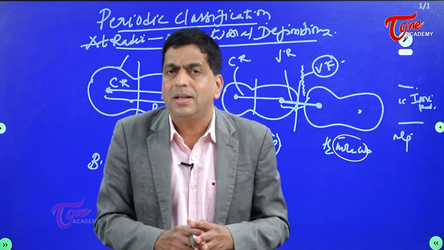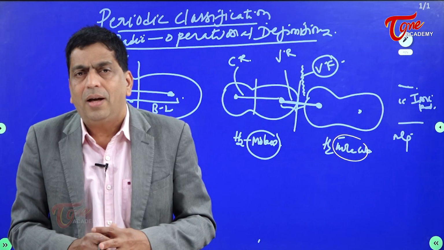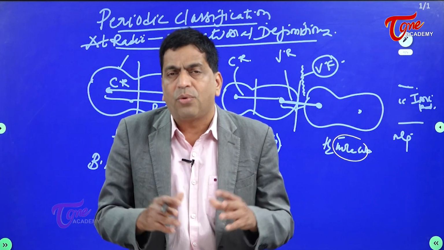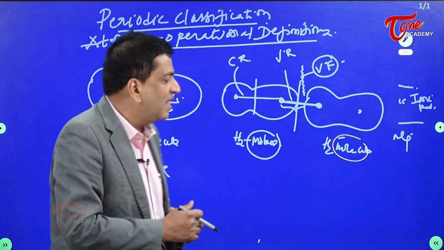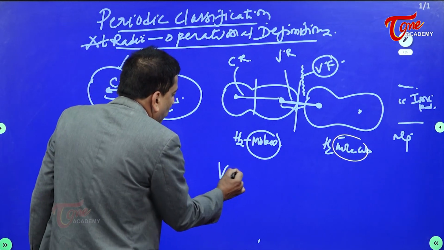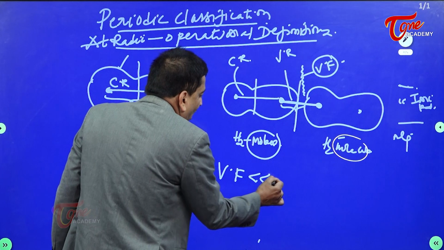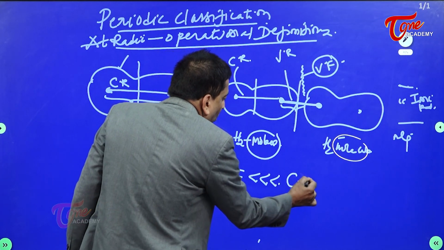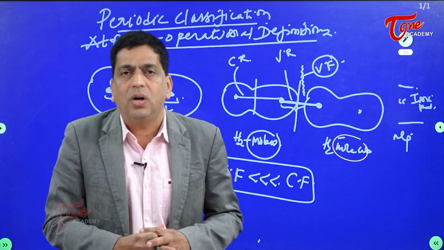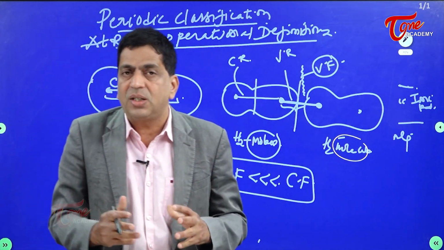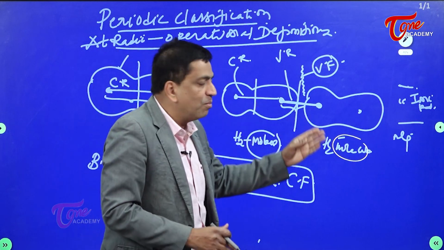And if that is the case, then the atoms must be close to one another. And for closing down, the force between the atoms must be of higher magnitude. And common sense says that the van der Waals force is much weaker compared to the covalent force. Then if such is the case, the adjacent atoms must be far away.